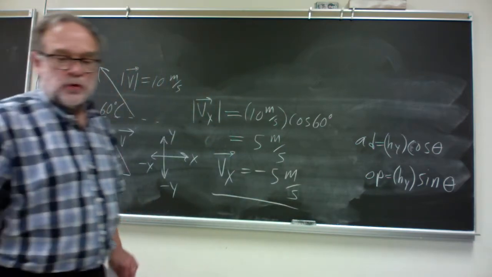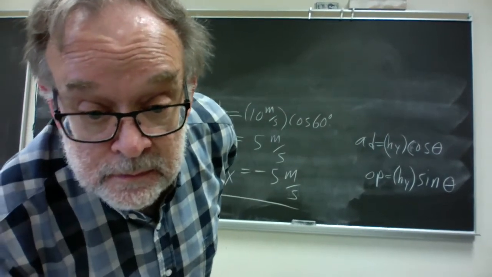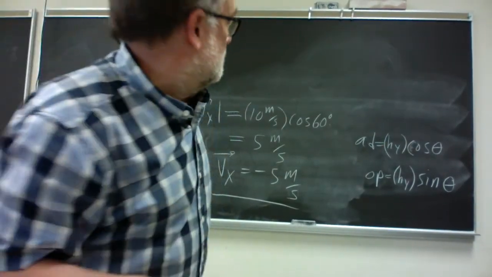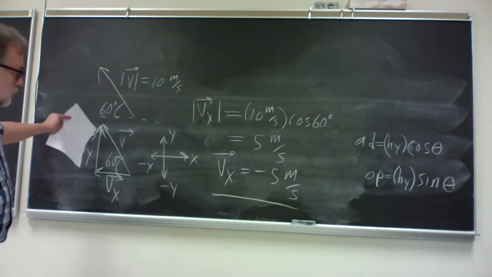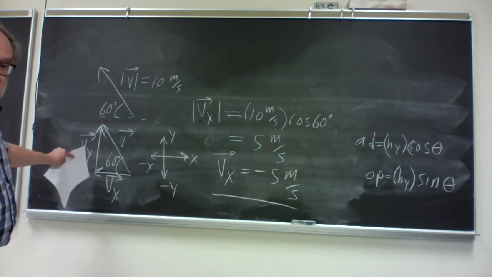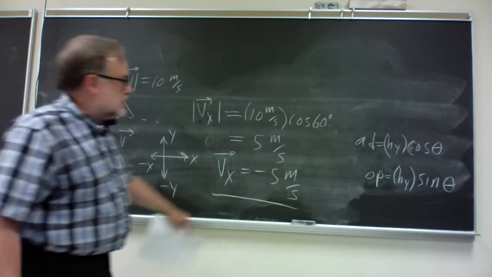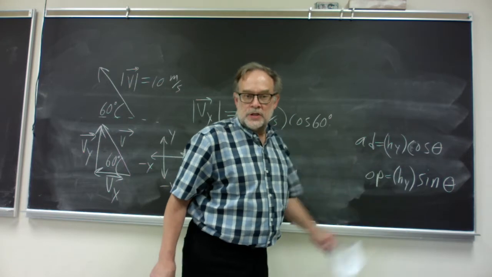Okay, now for figuring out the y component. The magnitude of the y component of v corresponds to the length of this side of the triangle, but the length of this side of the triangle is just the length of the opposite side, which is equal to hypotenuse times sine.